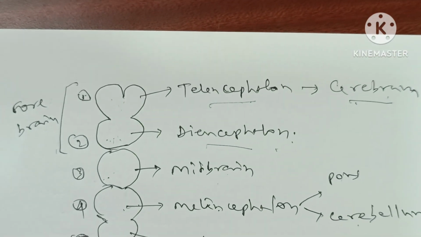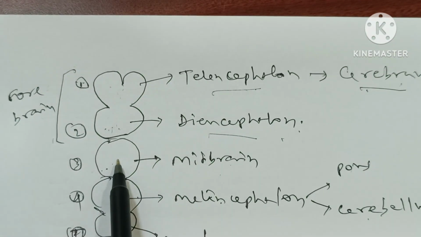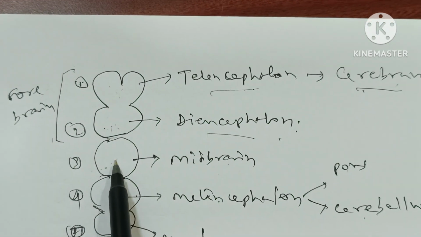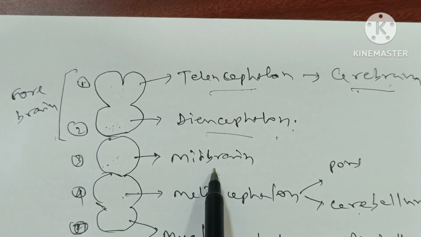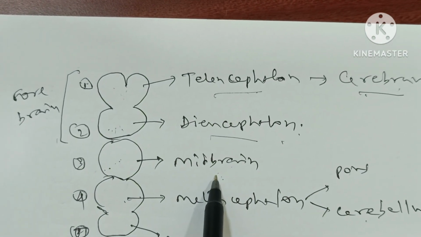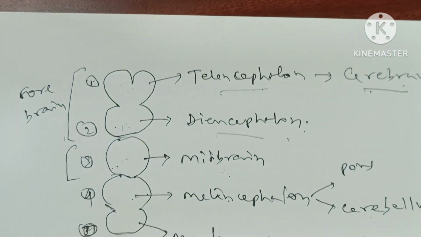The second primary brain vesicle, the mesencephalon, develops into the midbrain and remains undivided.